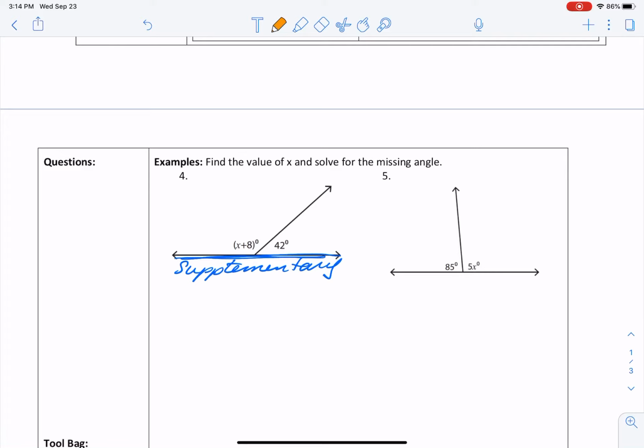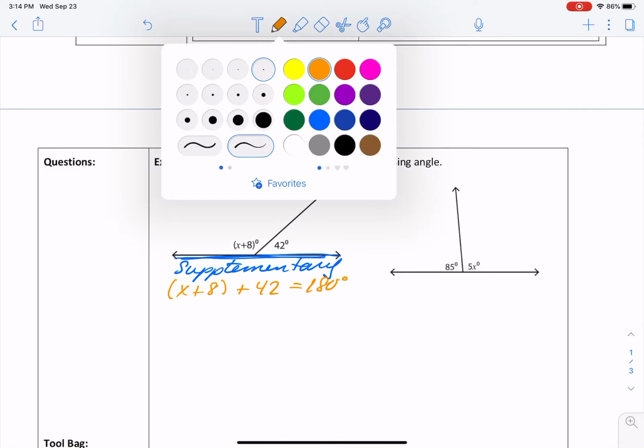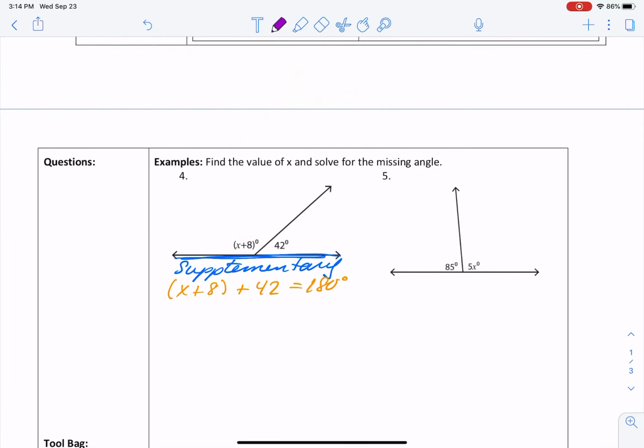So then I can write that x plus 8 plus 42 equals 180. I no longer need the parentheses, so x plus 8 plus 42 equals 180. I can combine like terms: x plus 50 equals 180.